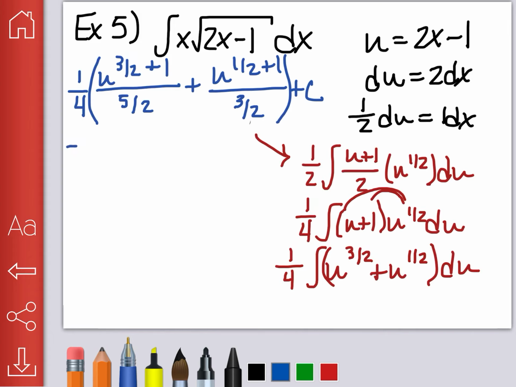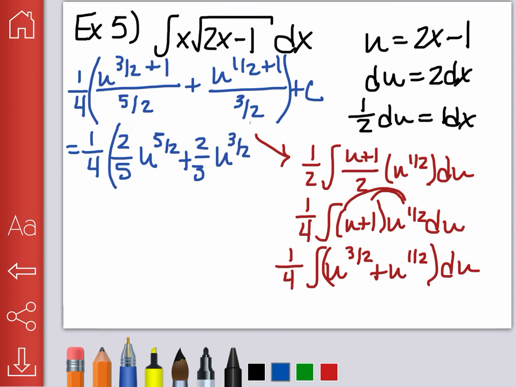And then plus c. So I have 1/4 times 2/5 u to the 5/2 plus 2/3 u to the 3/2 plus c.